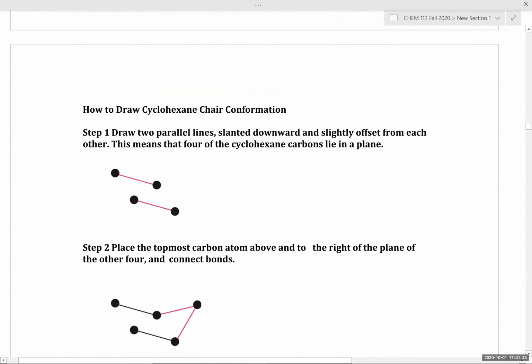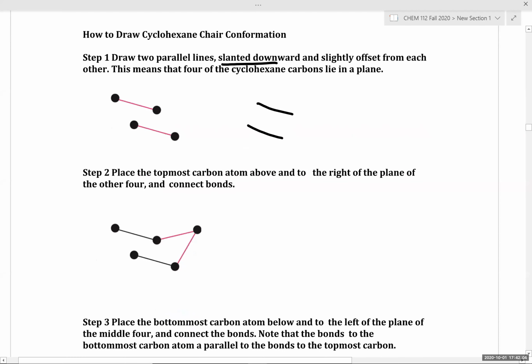Okay, so let's talk about how we draw a cyclohexane chair conformation. First things first, you draw two parallel lines slanted downward. Once you've drawn your two parallel lines, you place the topmost carbon atom above and to the right of the plane of the other four, and you connect your bonds.